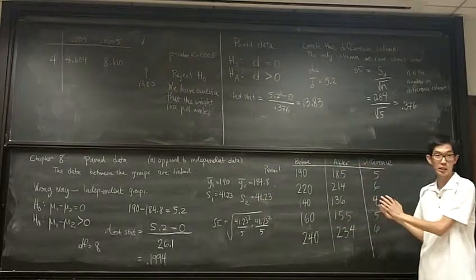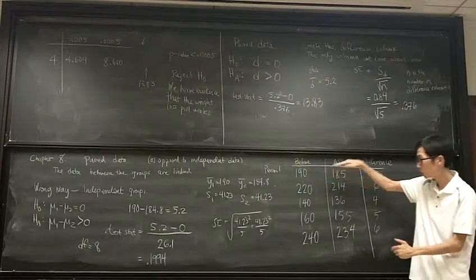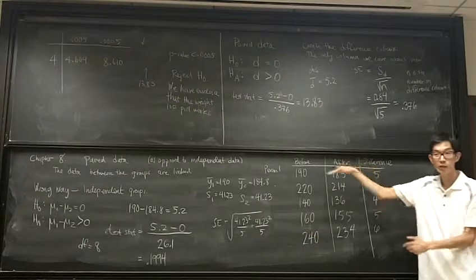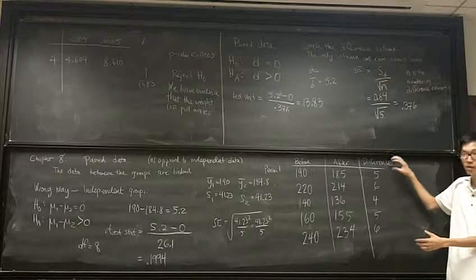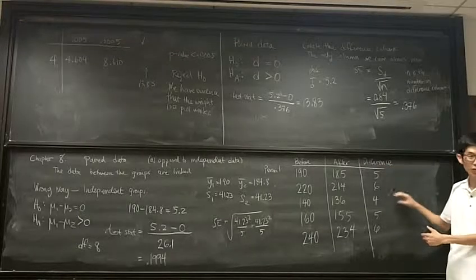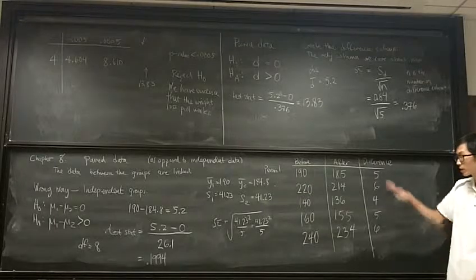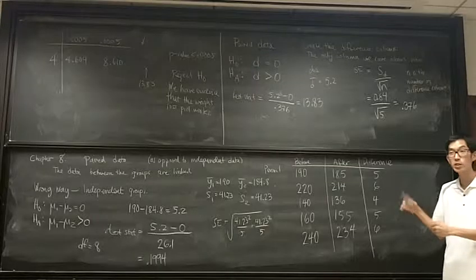By pairing the data, we're saying we started off at 190, we ended up at 185. We get a difference of 5 pounds. By pairing the data, we isolate those differences and we see that everybody has lost 5 pounds, 6 pounds, 4 pounds, something in that ballpark. So everybody across the board is losing weight. Not a ton, but it's very consistent.